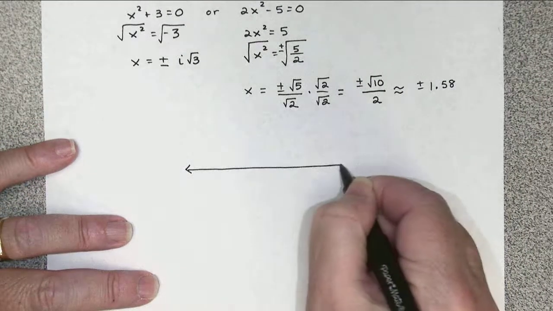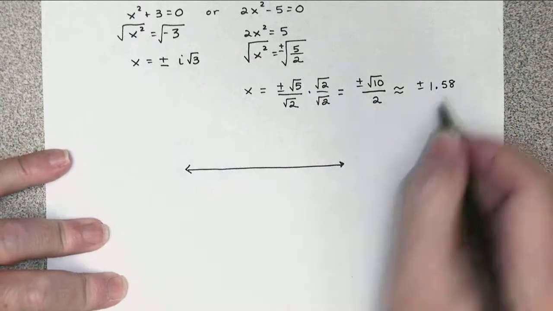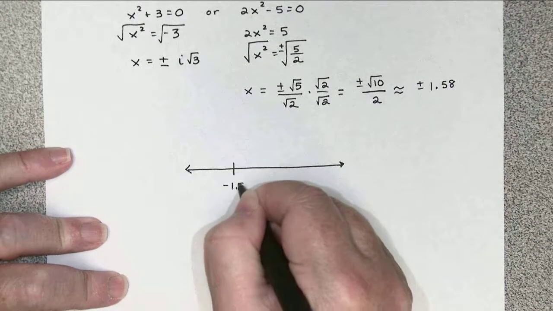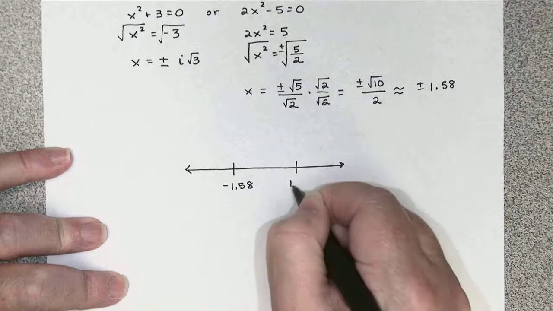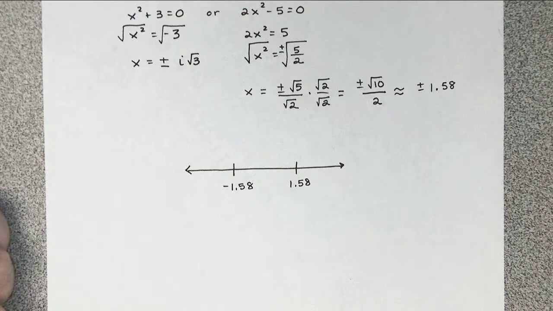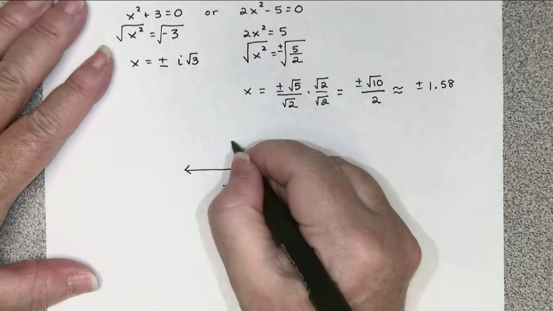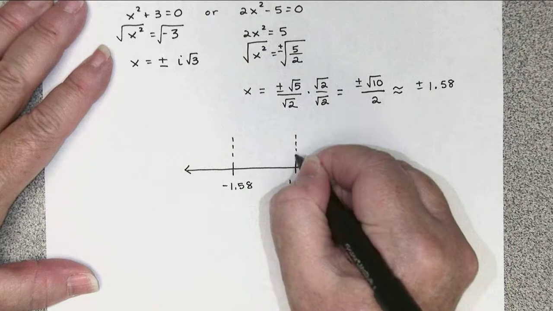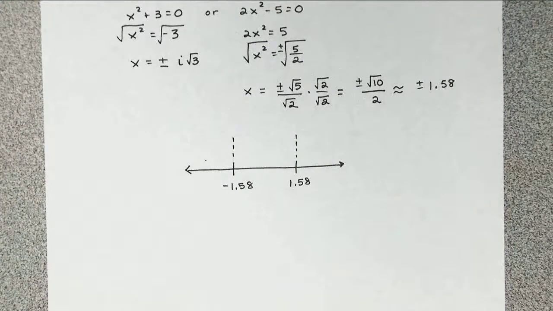So going to my number line to test, I have a negative 1.58 and a positive 1.58. And that's going to separate my number line into 3 intervals, and I need to test one value in each interval.